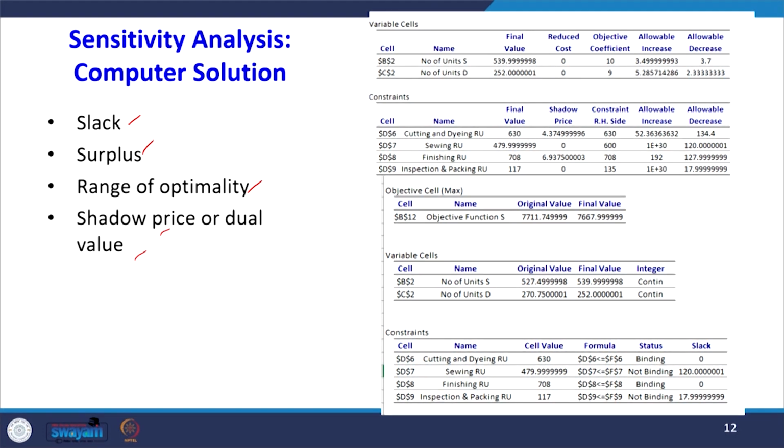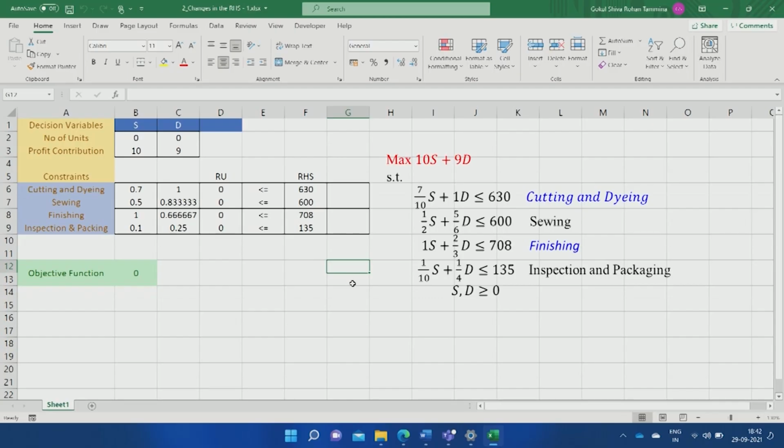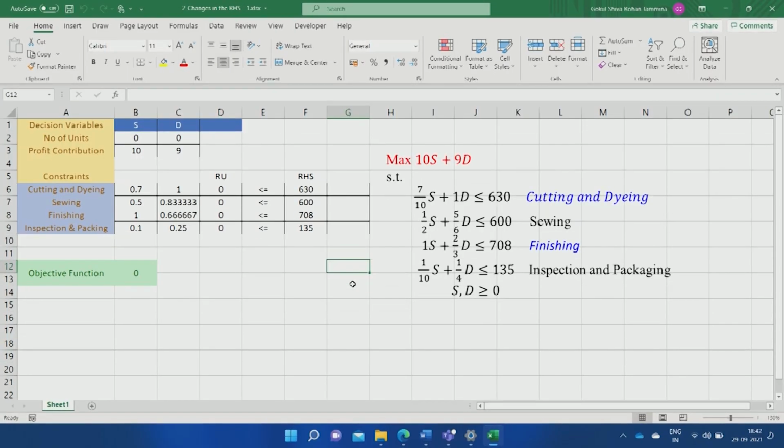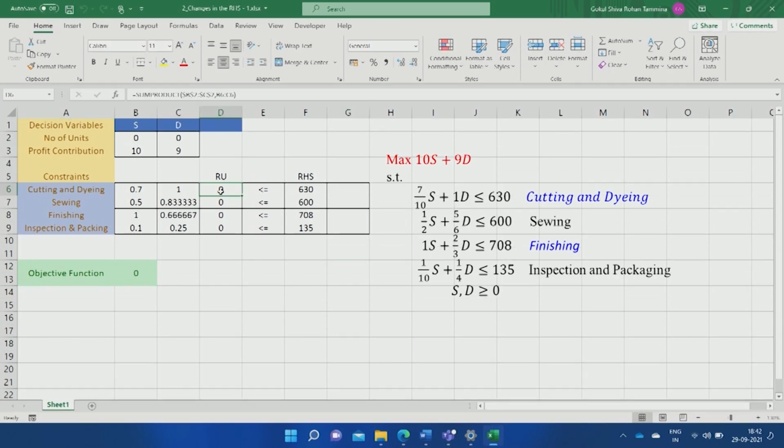I have brought the output of our solver. Now, I am going to explain how to get the sensitivity analysis report in the solver. So, I have entered the problem. We know that as usual this is the resources utilized, this is the sign of the constraint, this is the right hand side values.